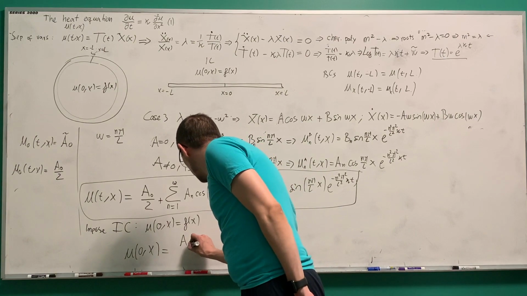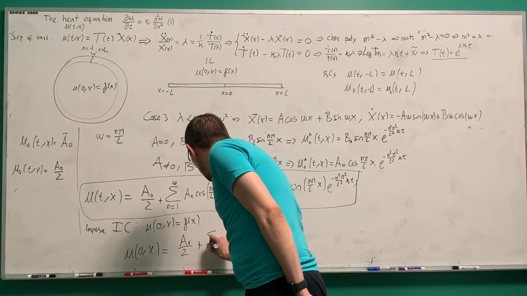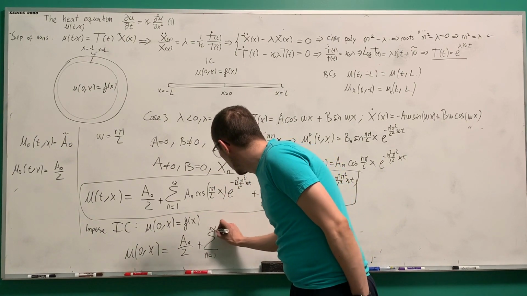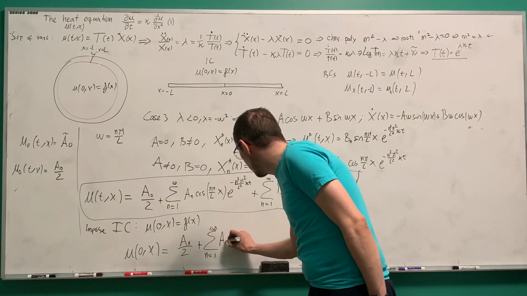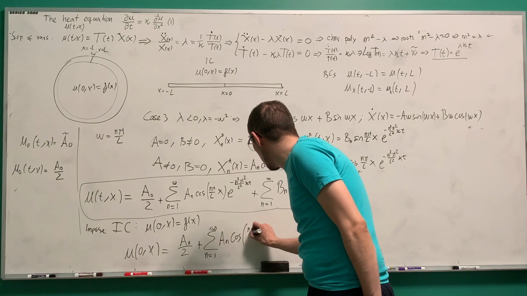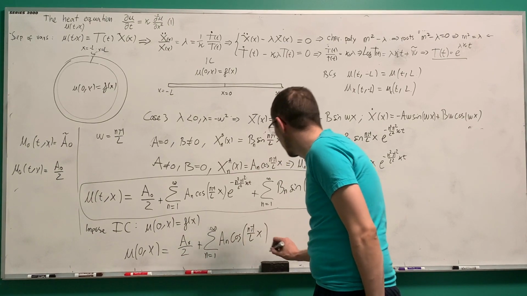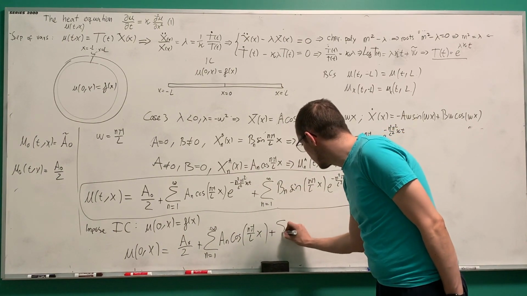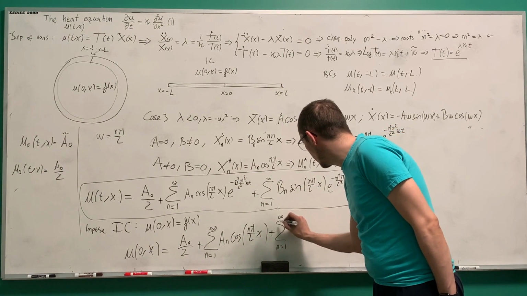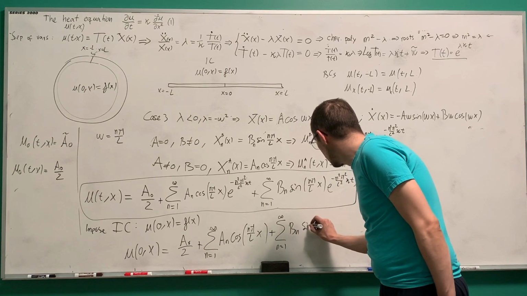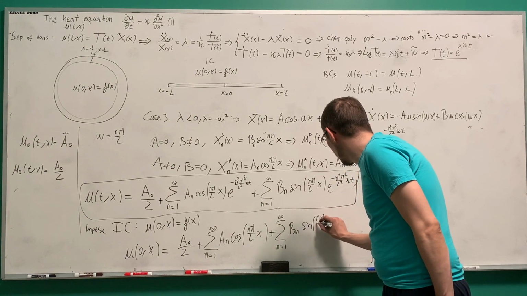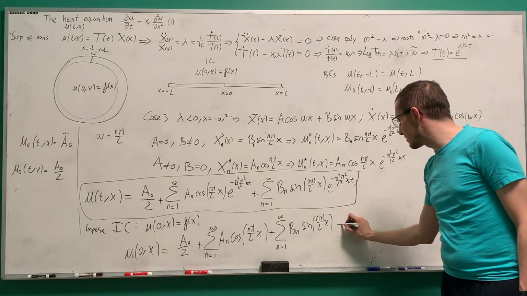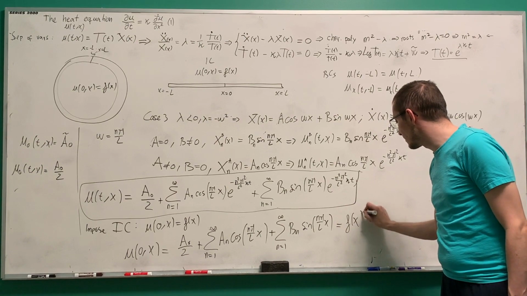I get a_0 over 2 plus sum n equals 1 to infinity a_n cosine of n pi over L x times 1 plus sum n equals 1 to infinity b_n sine n pi over L x times 1, because t is 0, equals f of x.